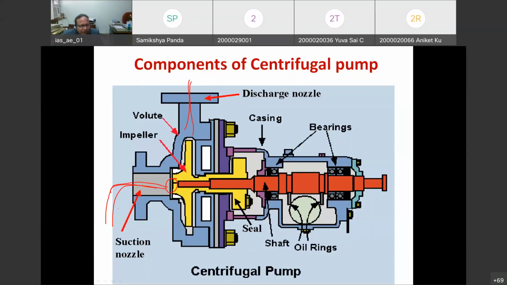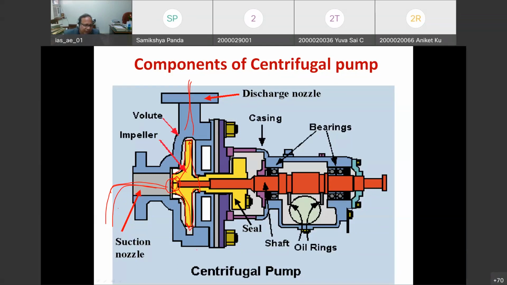This yellow portion is the impeller. When the impeller rotates, the water coming into the eye of the impeller goes outside due to the centrifugal force. That's why this is the centrifugal pump.